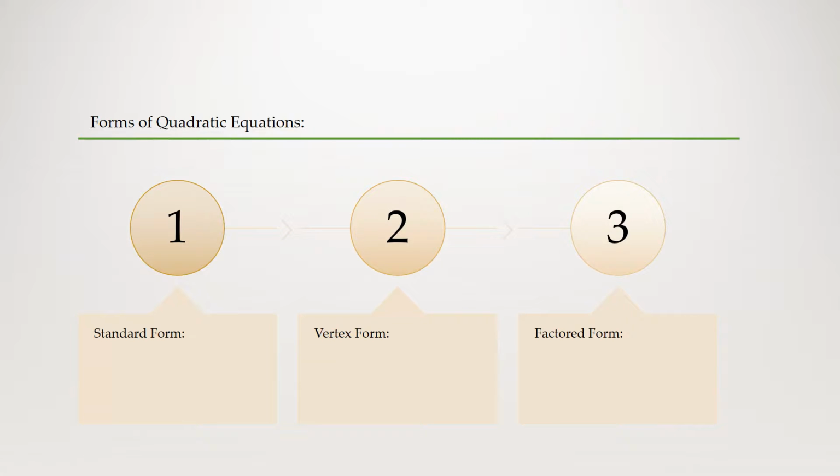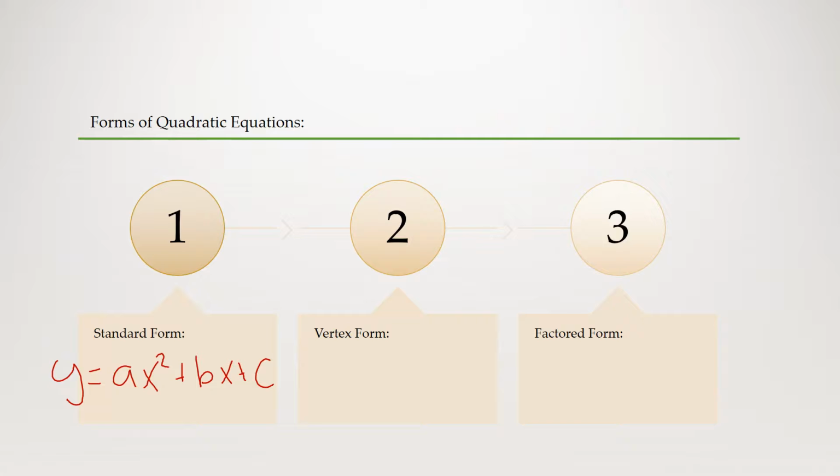There are 3 specific forms, and the first one is the standard form, which we've been discussing, which is y equals ax squared plus bx plus c.